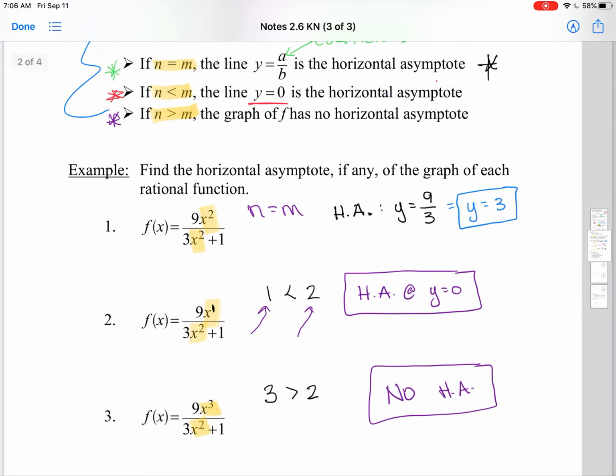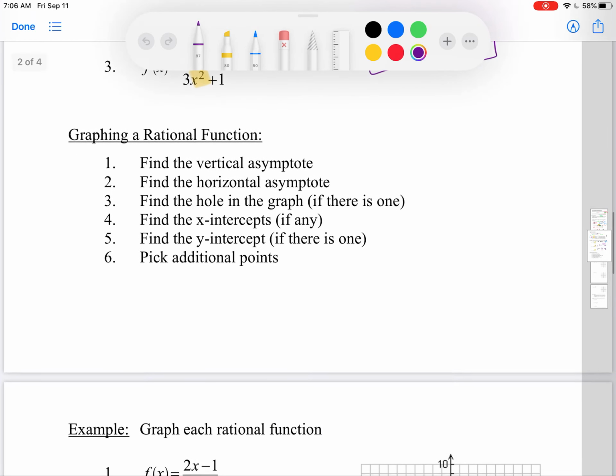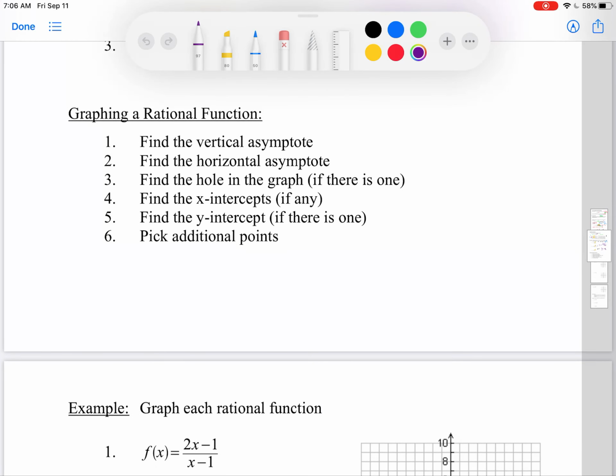And we're going to take those rules and basically go full circle and use them for our graphs. So we have our graphing irrational function steps. Step 1, just like we did in the notes, find the vertical asymptote. Step 2, find the horizontal asymptote. Step 3 kind of goes with step 1 because vertical asymptotes and holes kind of go hand in hand.